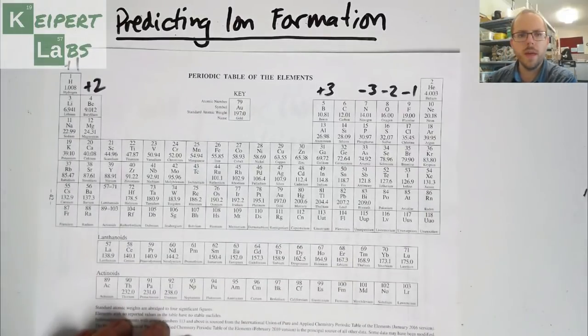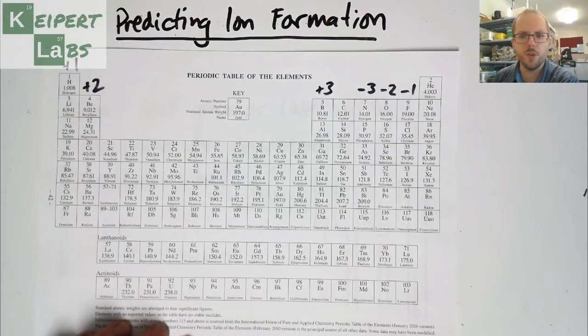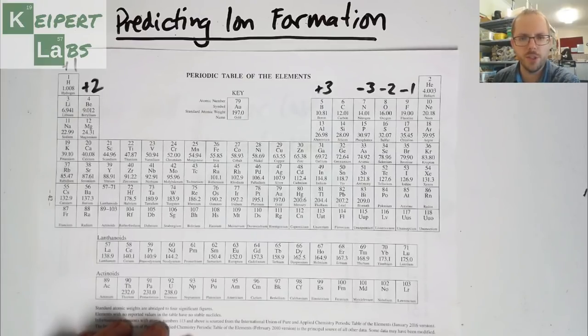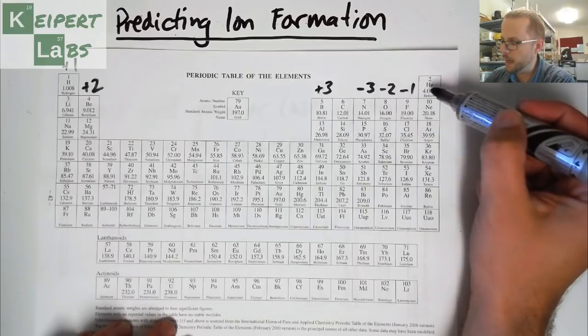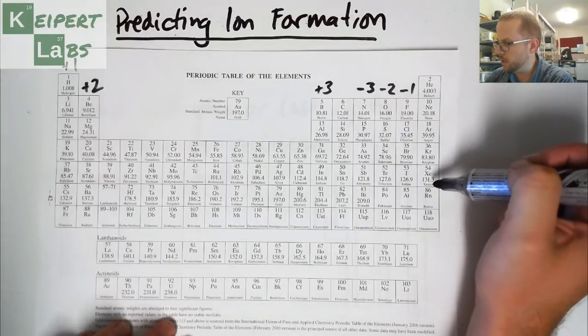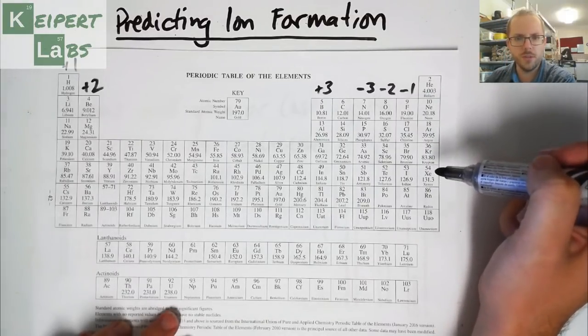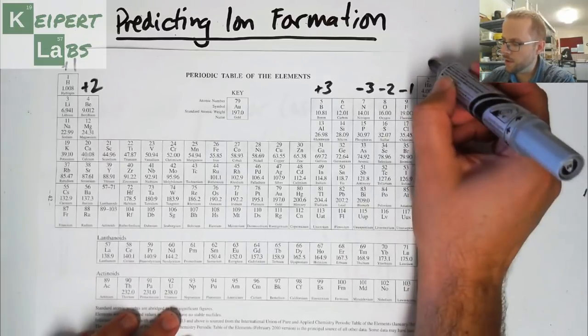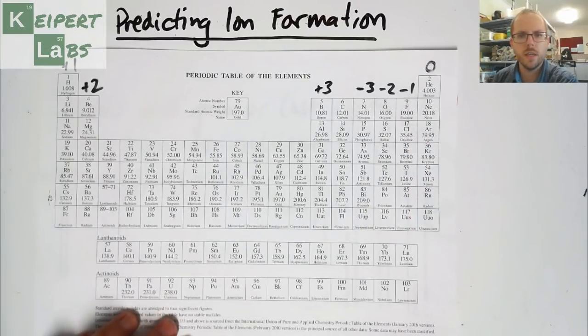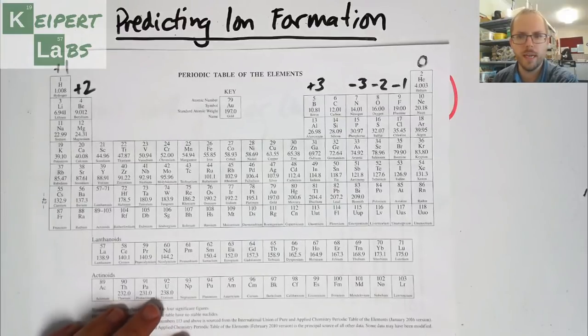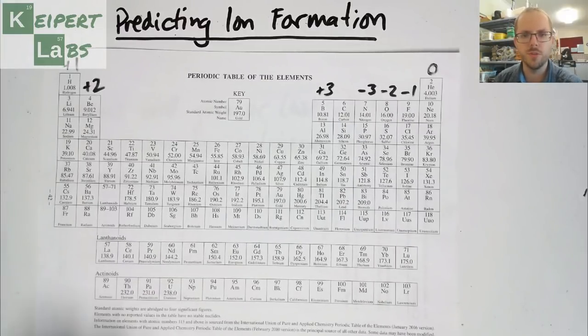Now, that begs the question of what happens to the group at the end. If we said that a full outer shell was what each atom was trying to achieve, and helium, neon, argon, krypton, and xenon all have a full outer shell, the reality is that they do not form ions. They don't need to. They don't have the same need in terms of valence electrons that the other atoms do.